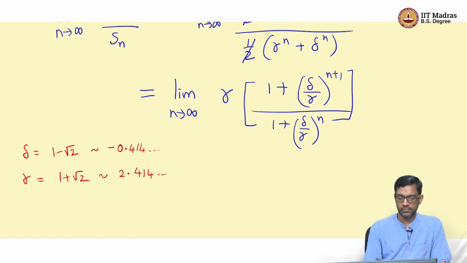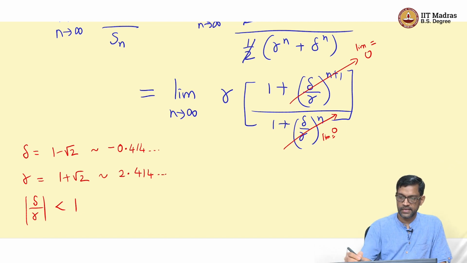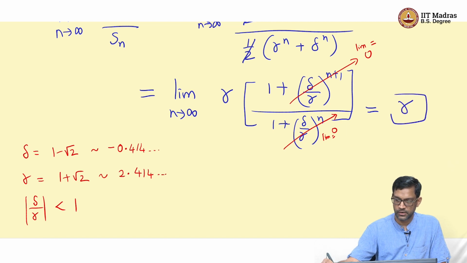And again here delta by gamma is some real number of modulus less than 1, and so these two go to 0 as n goes to infinity. So the limit is 0, and the final answer is gamma here again, just like we had in the other Fibonacci situation. The root gamma is what you get, and what was gamma? It was 1 plus root 2.